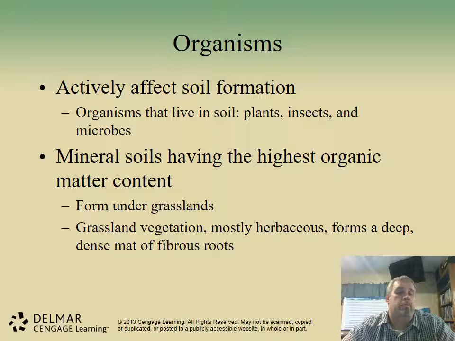When we look at mineral soils, these have the highest organic matter content. So these are going to be formed where there's grasslands, where there's lots of vegetation, and these are going to be the best soils. When you're talking about organic matter content, this is the substance to the soil.